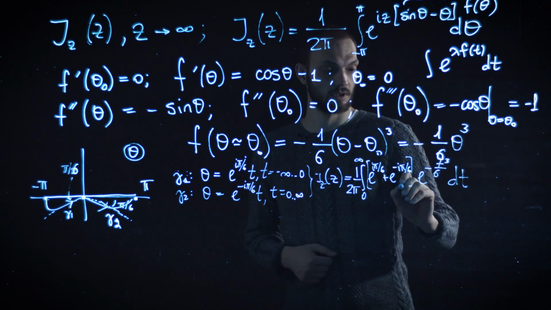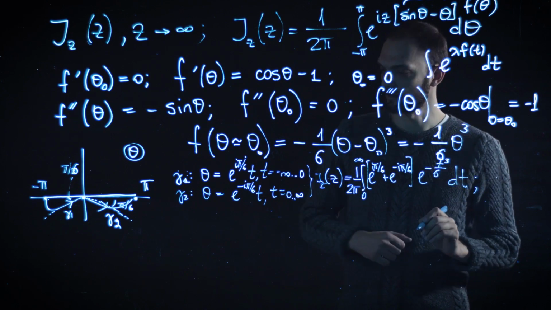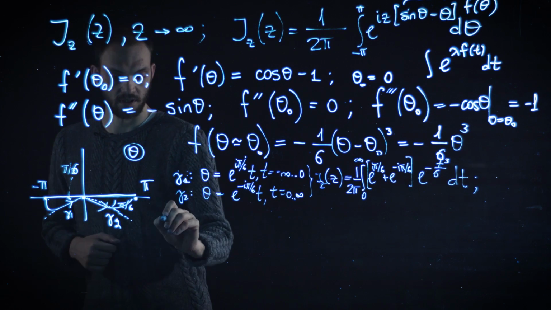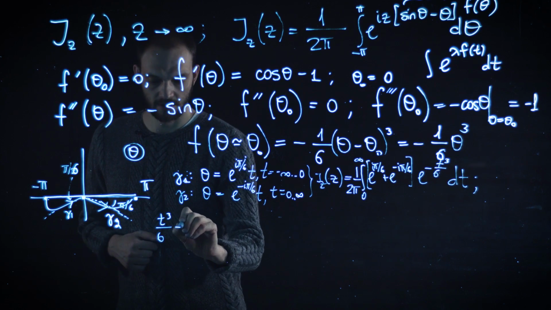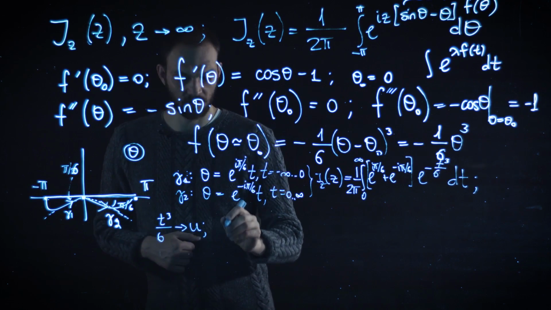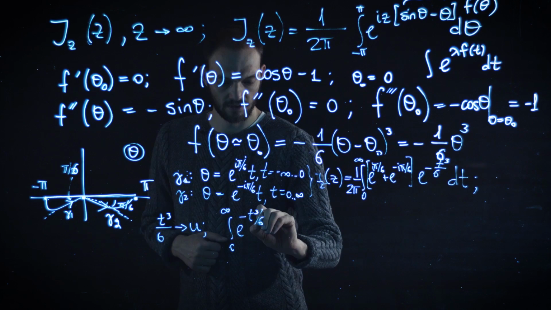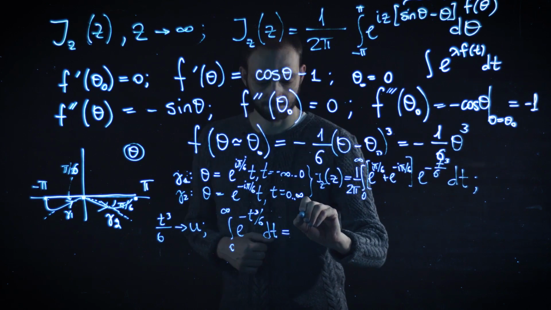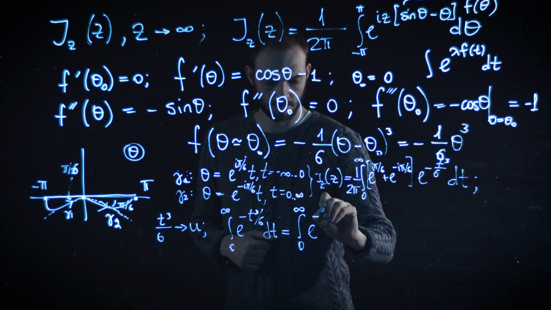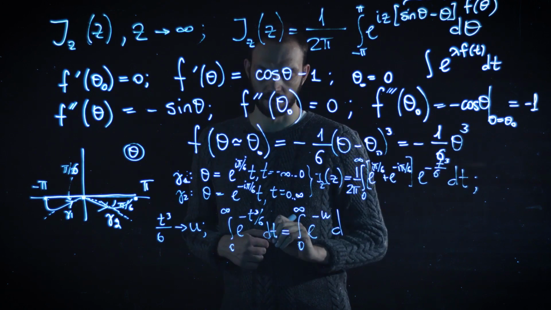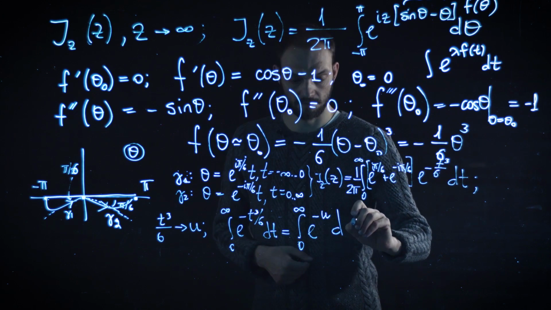And the next step is to evaluate the integral in t, and this is quite a straightforward step. Let us demonstrate the details here. The integration is achieved by change of the variable, t cube over 6 substituted by u, and it means that the integral from 0 to infinity of exponent minus t cube over 6 dt becomes, and here there is the derivative of the back substitution.